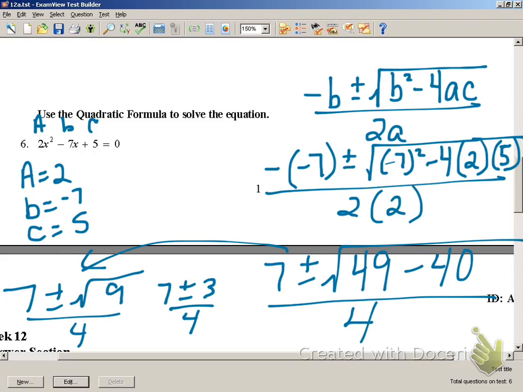So I have two answers. 7 plus 3. I ran out of room.